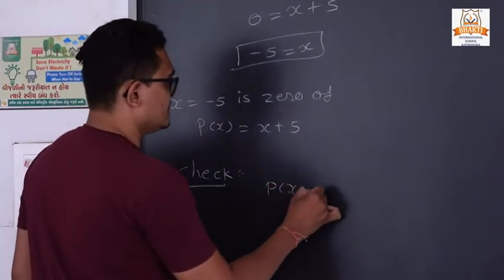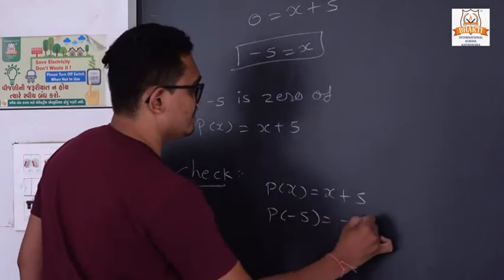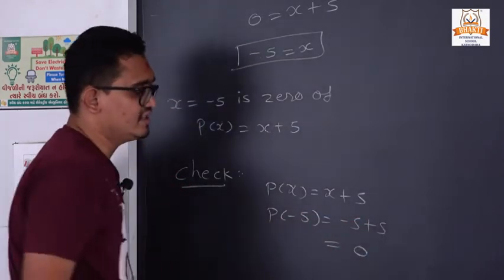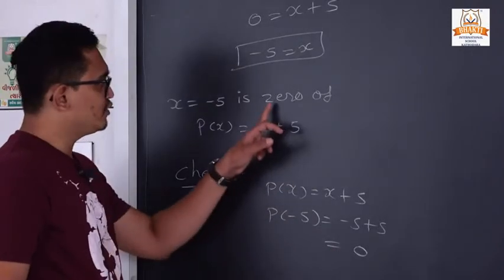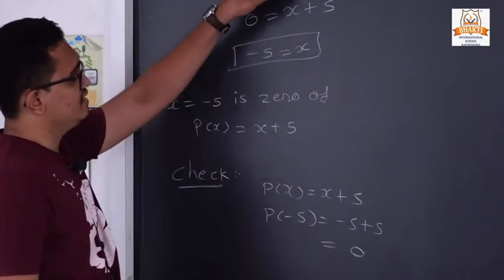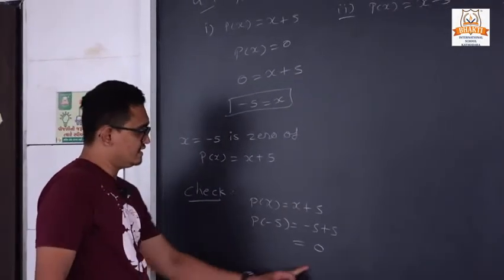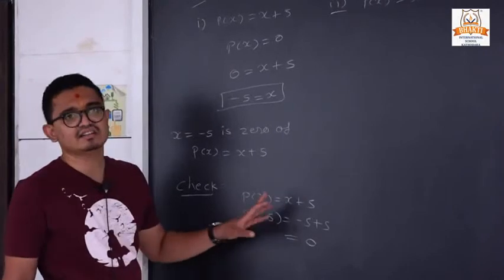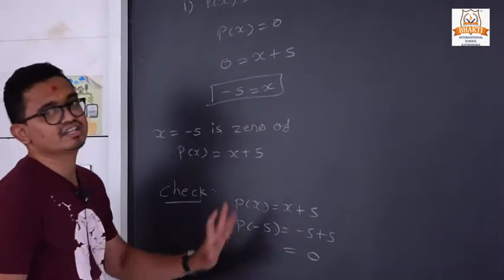So p of x is equal to x plus 5, so p of minus 5 is minus 5 plus 5. The answer will be 0. So yes, it is verified now. If we put minus 5 in that polynomial, we get 0 as our answer. This verification is not necessary from an exam point of view, but it is for our justification.